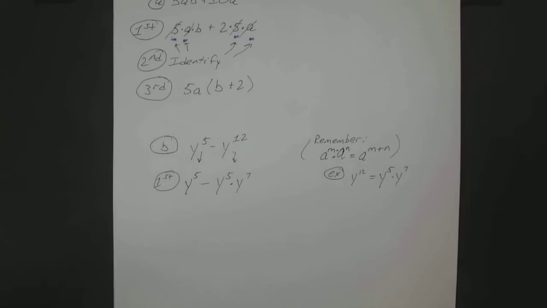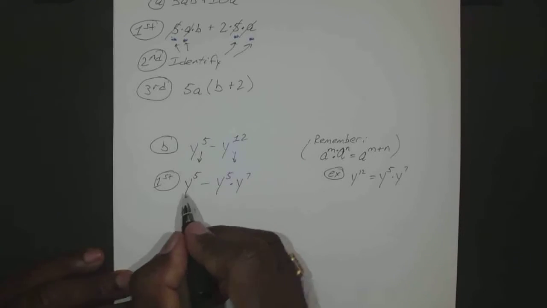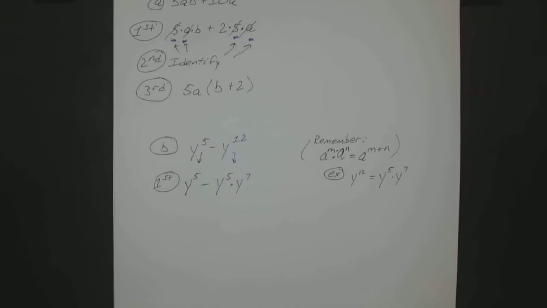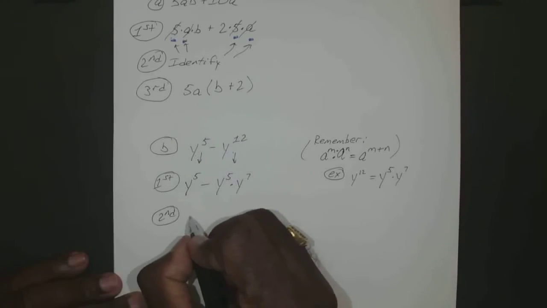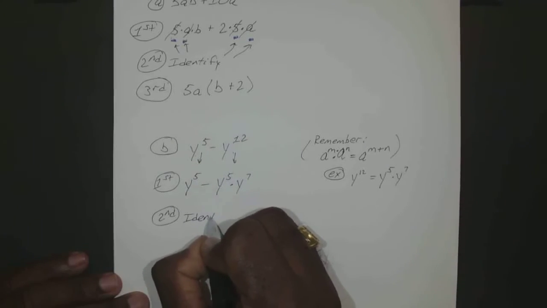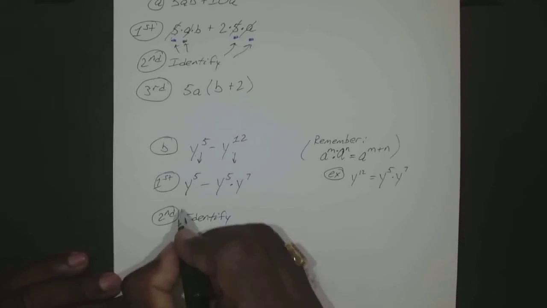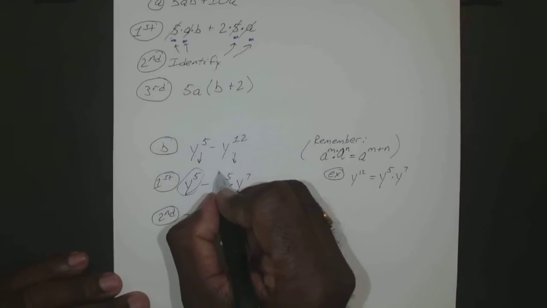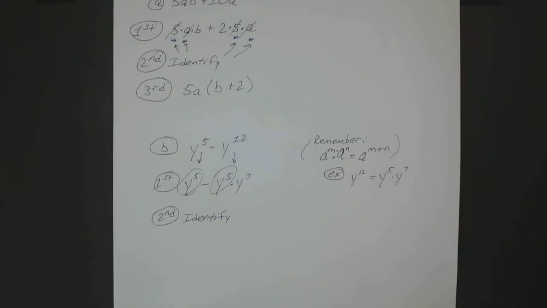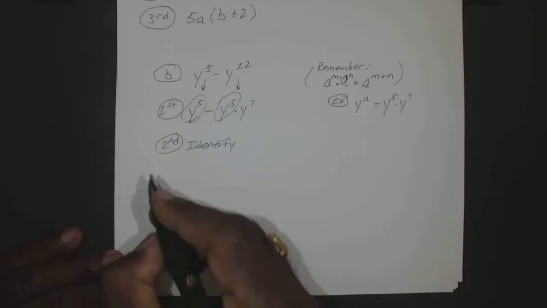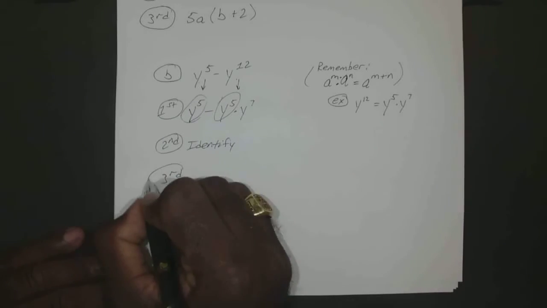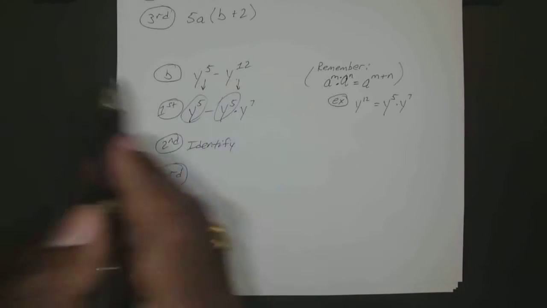Okay. So now what you're going to do is you're going to identify what they have in common. So for your second step, just going to identify them, which of course is y to the 5th for both of them. And then for your third step, you're just going to pull that right out to the front.